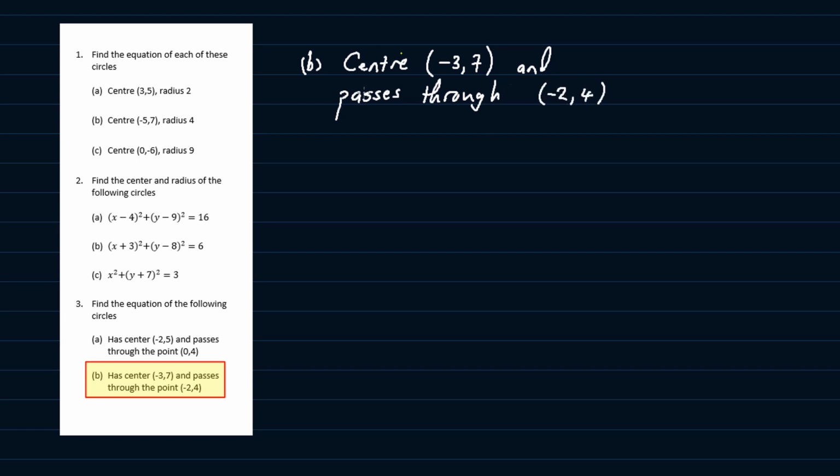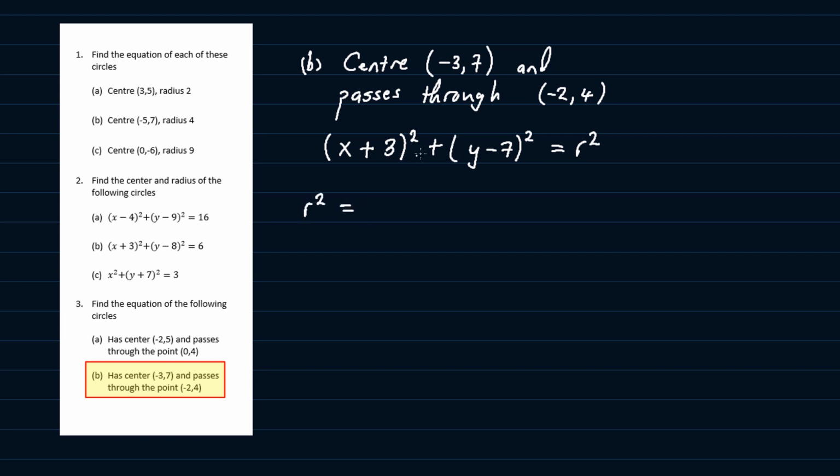So the equation of the circle is going to be x minus the x coordinate, which is minus 3, so it becomes x plus 3 squared, plus y minus the y coordinate, which is 7, so that's y minus 7 squared, is equal to r squared. So we have to work out r squared.